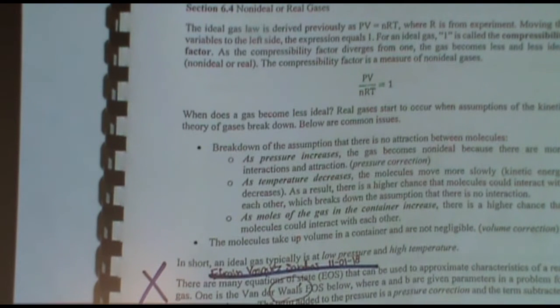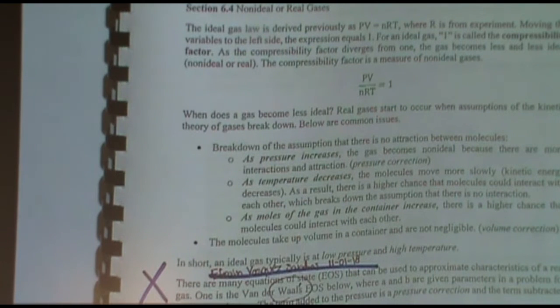Another big general area is that for ideal gases, usually we're working at low pressure and high temperature. Low pressure means around atmospheric pressure. High temperature means around room temperature. As the temperature goes down or the pressure goes up, those assumptions break down again, and that's what the first bullet is about.